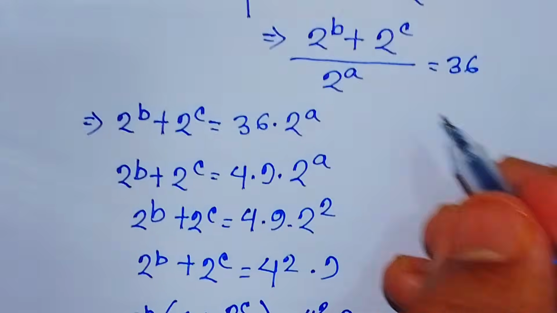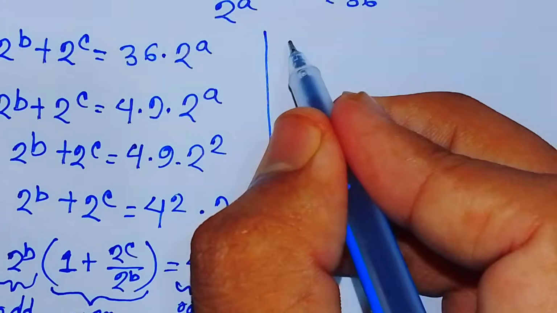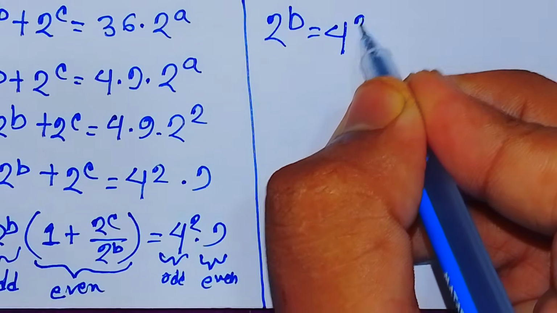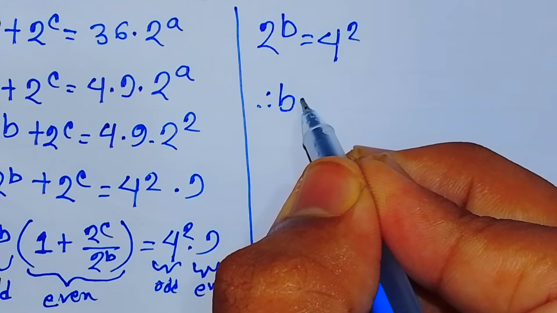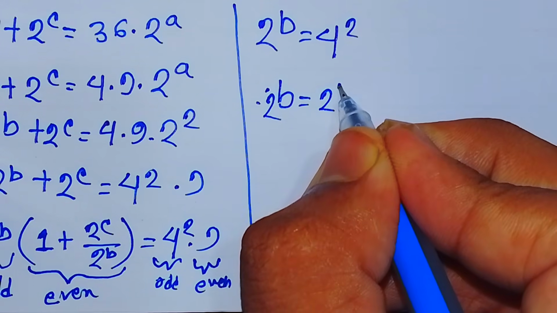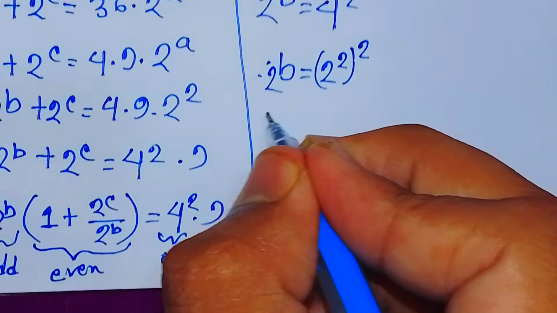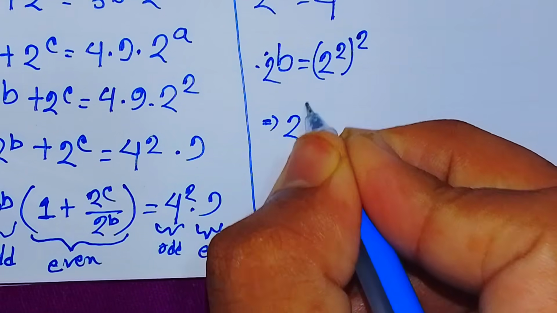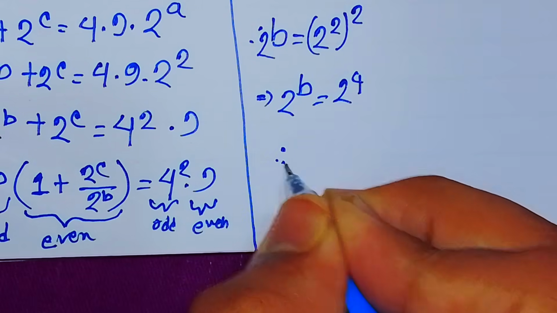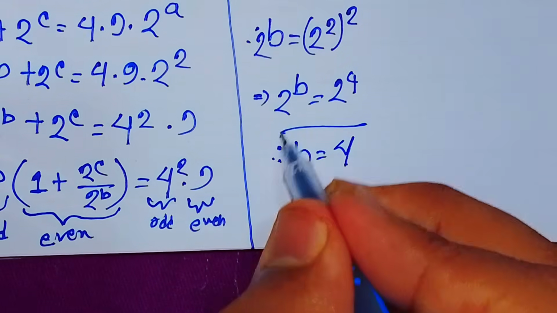All right, so we can take on the right side 2 to the power b is equal to 4 square. So 2 to the power b is equal to 2 square squared. So the value of 2 to the power b will be equal to 2 to the power 4. So from here we get our second solution, the value of b equals 4.